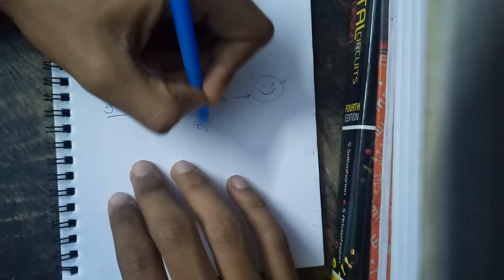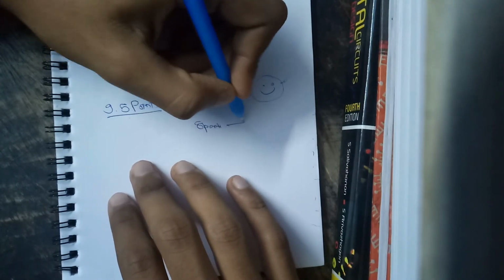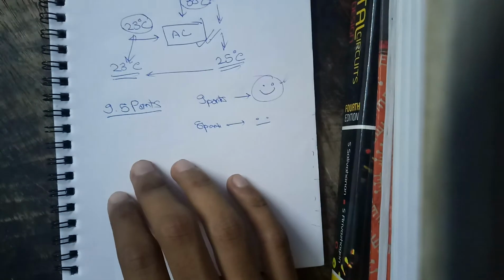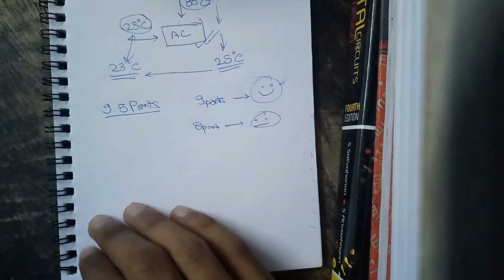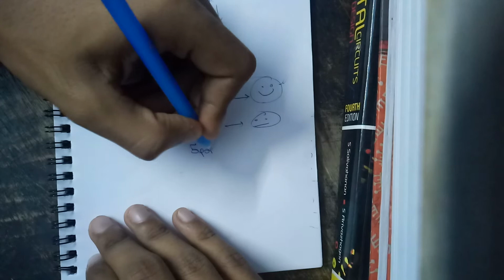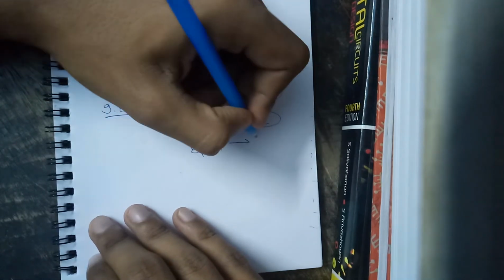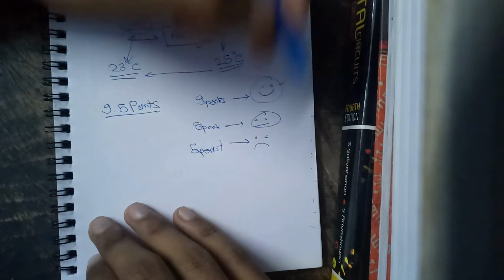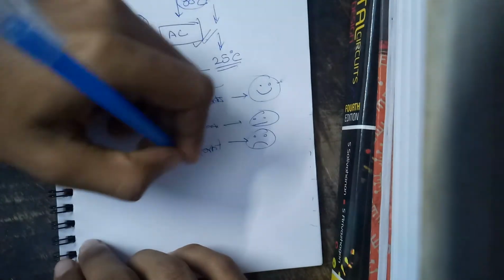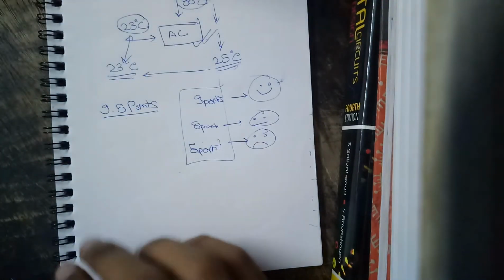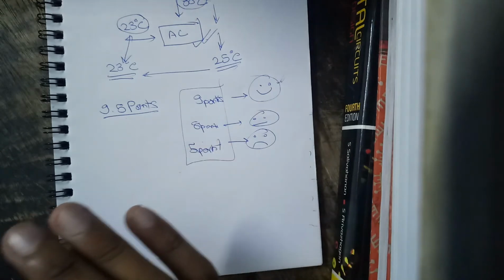Suppose you get an 8. You will be really thoughtful: what has happened? Why didn't I get good marks? So I need to study a bit more. If you get a 5, you will be extremely sad, and you'll have to study more for the next semester. So the output that you are getting now, a part of it is reflected in the next input.